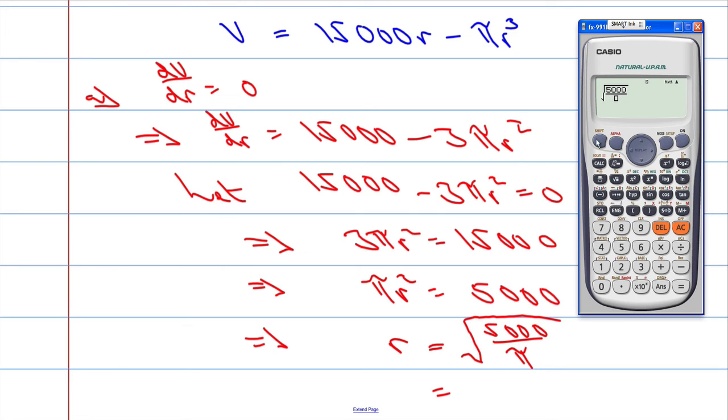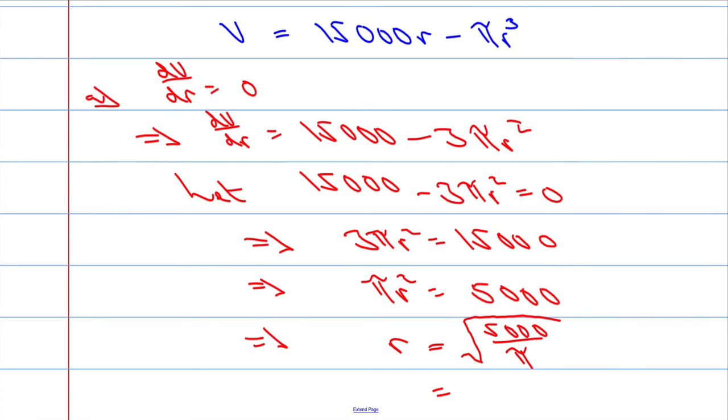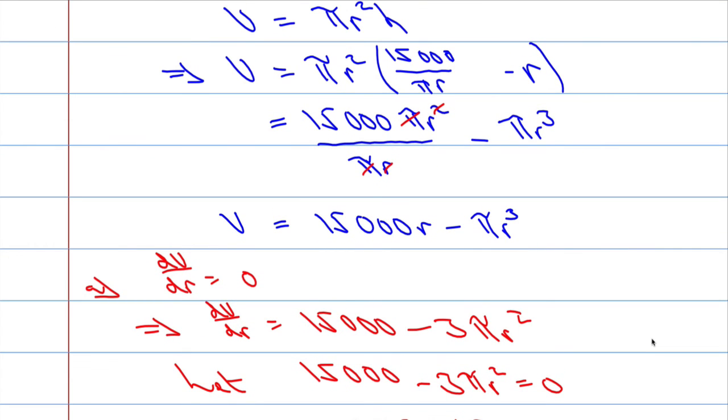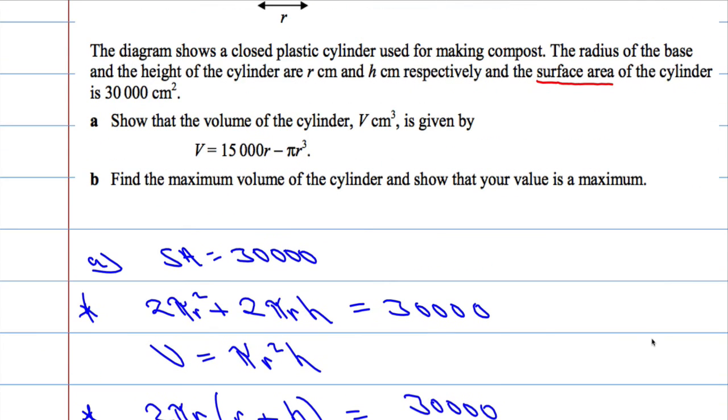Where's the pi button? It's down here. Let's go to 3 significant figures. It's going to be 39.9. Okay, so that's the value of r.